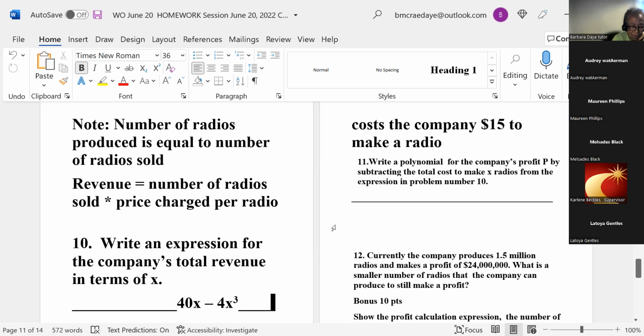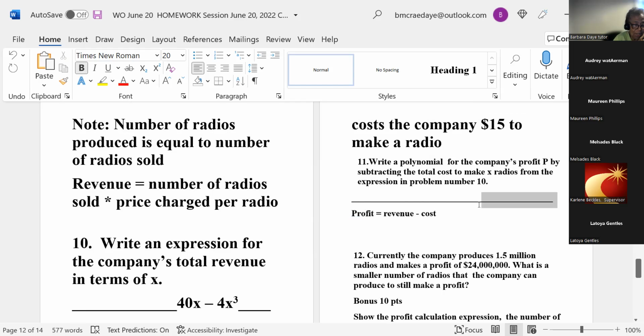Let's just write it out. Profit equals revenue minus cost. I said to use what was used in 10, so you know your revenue, right?